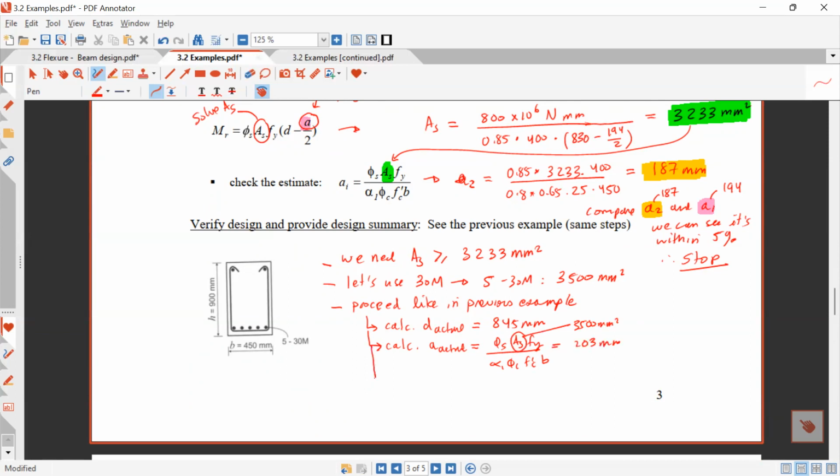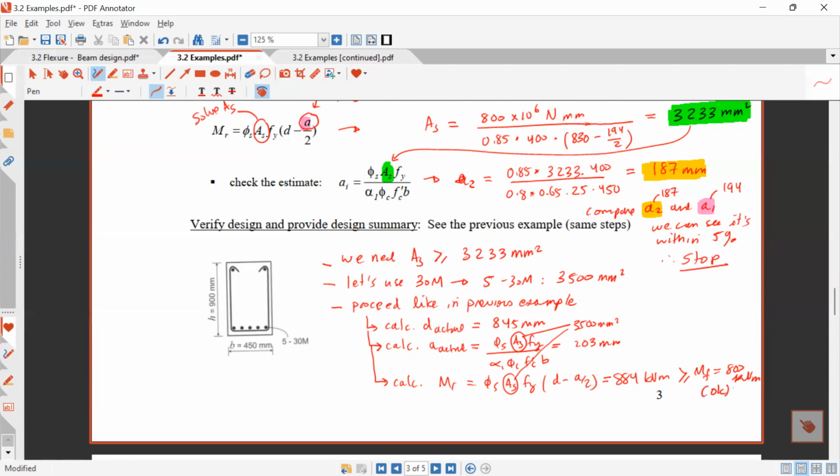And then we would calculate MR using phi S, AS, FY, D minus A over 2. Again, we make sure we use this 3,500. If you do this, you will find 884 kilonewton meter, which is larger or equal to MF of 800 kilonewton meter.